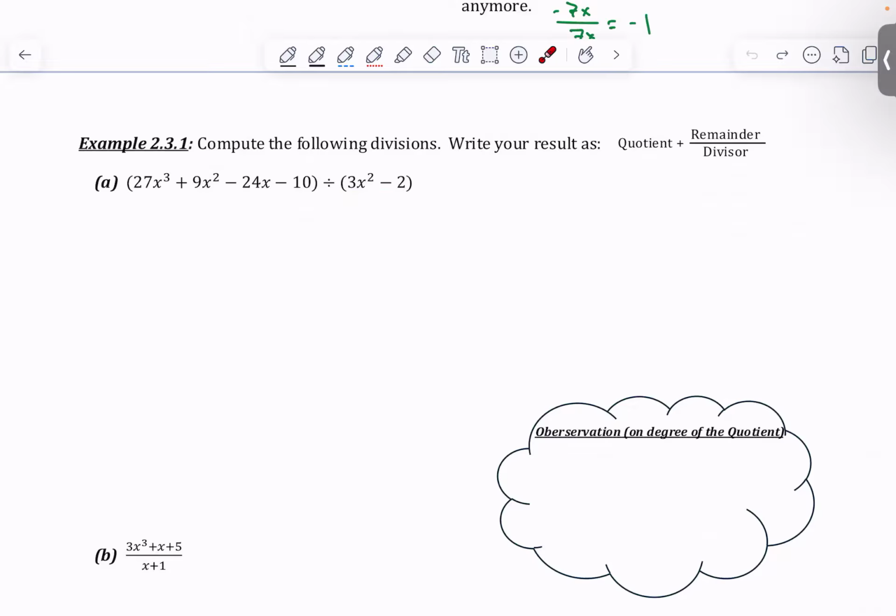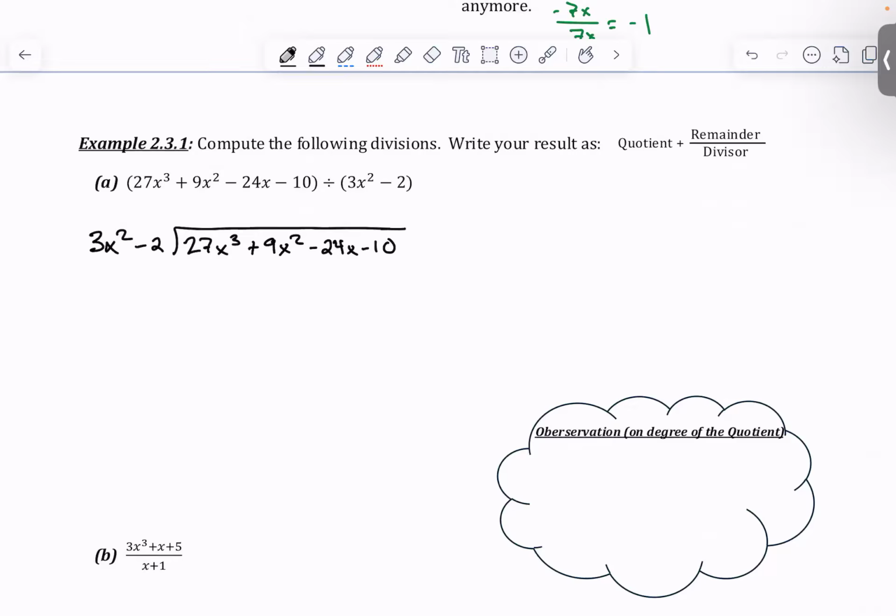That is okay. You can write a placeholder if you want, but it's not really necessary for the divisor. You'll see why it's necessary for the dividend. So anyways, 3x squared minus 2 divided into 27x cubed plus 9x squared minus 24x minus 10.